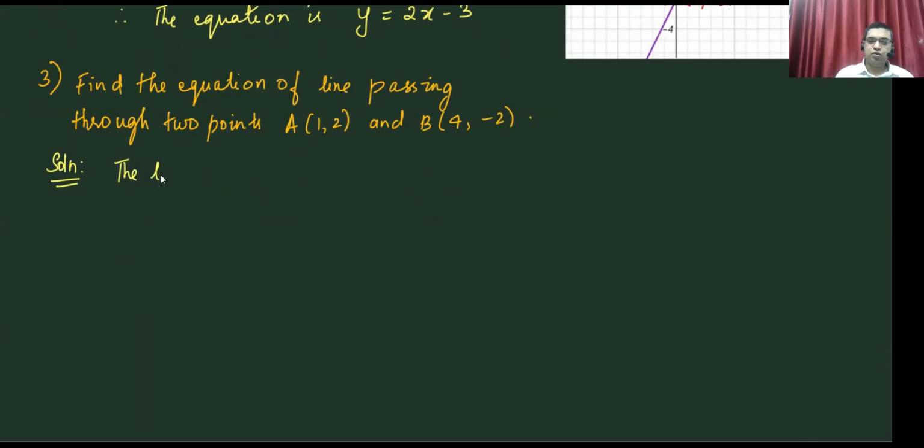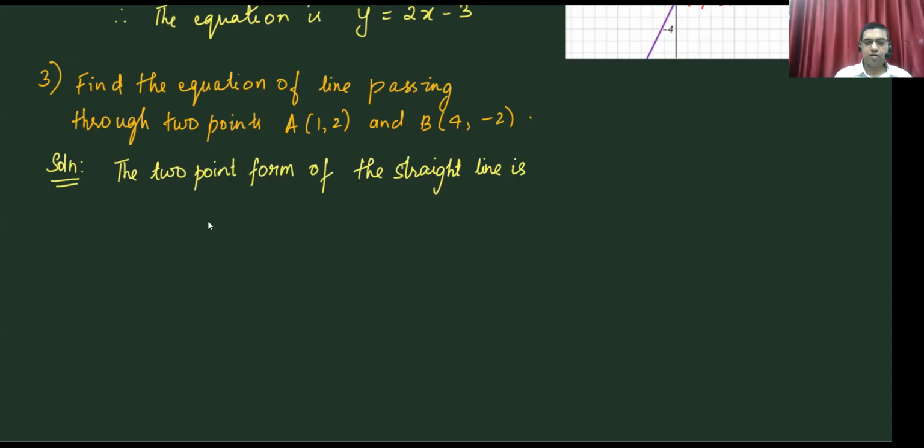The 2-point form of the straight line: y minus y1 is equal to (y2 minus y1) by (x2 minus x1) times (x minus x1).